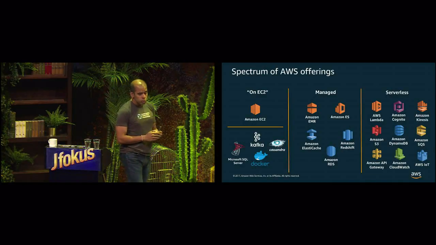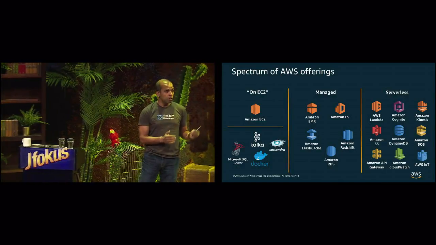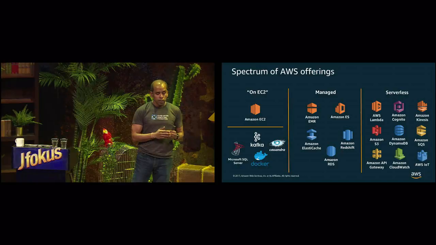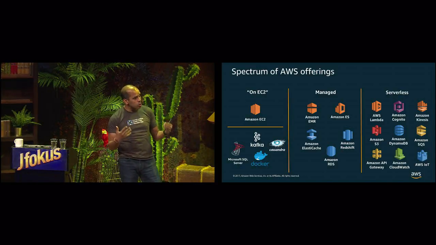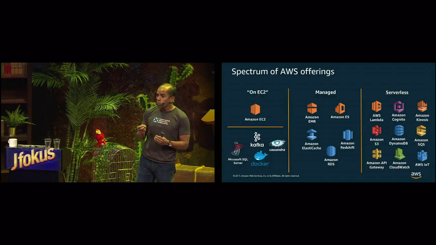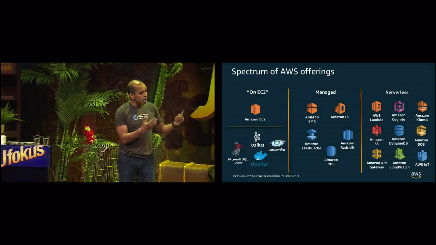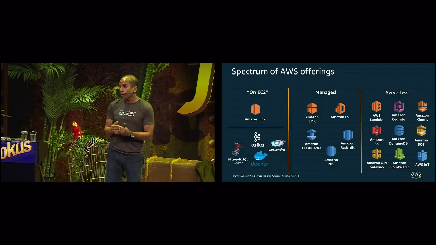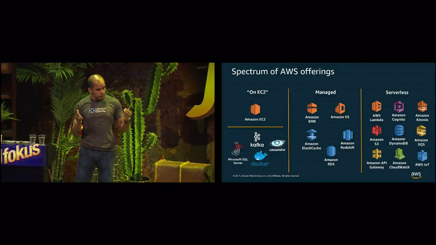Let's take a look at a spectrum of AWS offerings. There is EC2, which is the classic EC2 service. On EC2, for example, you can deploy your own Kafka or Docker or Cassandra databases very easily. But if you were to configure them in a highly available manner, essentially, you will have to deploy them across multiple availability zones by yourself, or across multiple regions, again, by yourself.